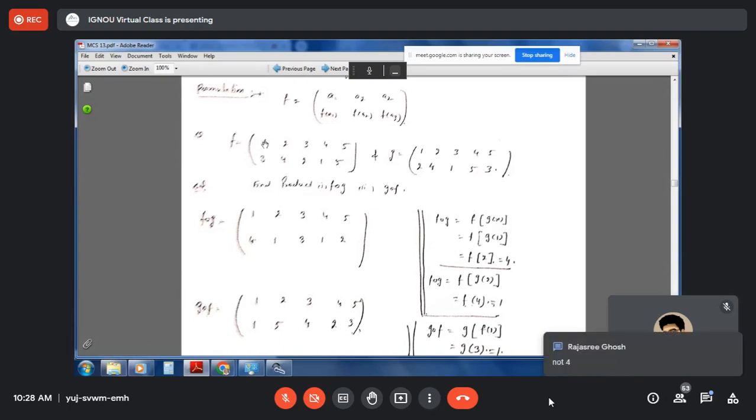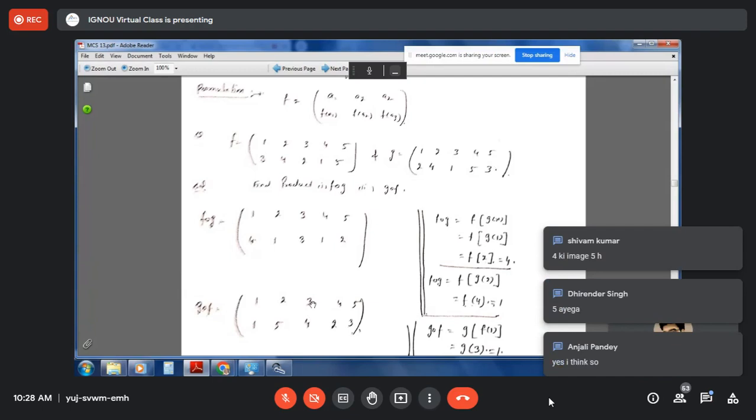Here 1. The image of 1 is 3. Enter into G. The image of 3 is 1. That is 1. Then 2. In F, the image of 2 is 4. And here the image of 4 is 5, right? 5.